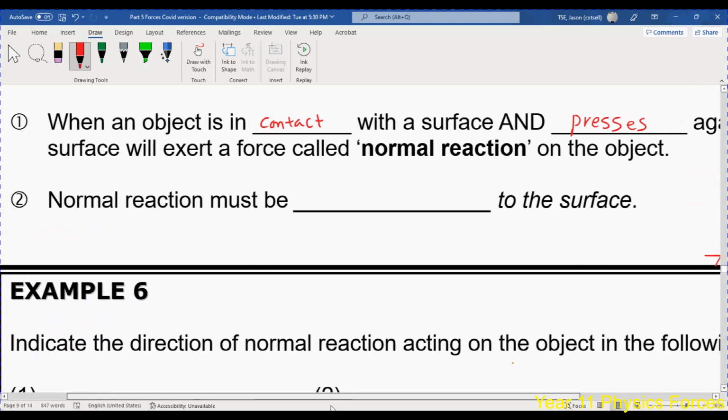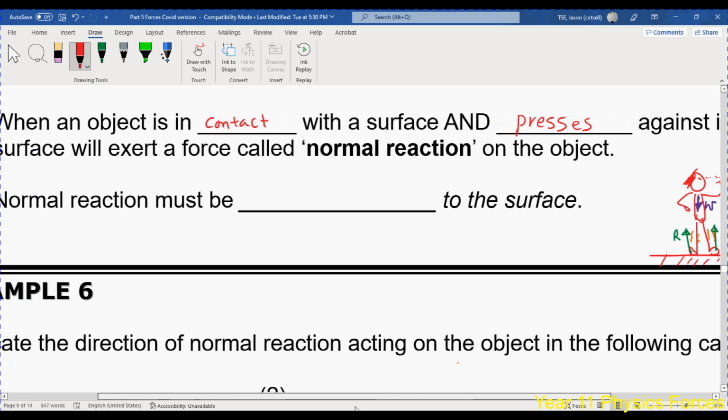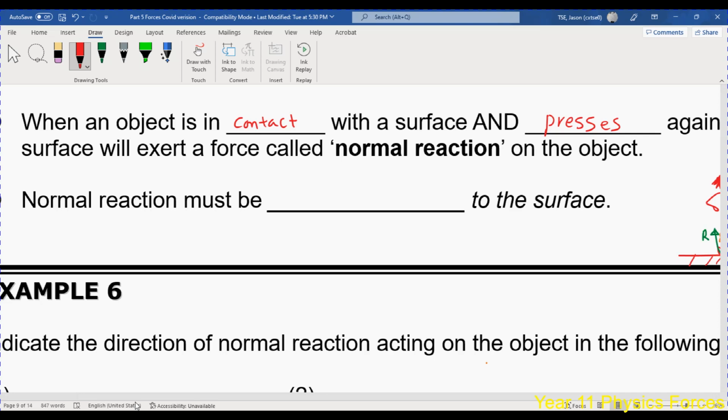So how can we get normal reaction? You need to be in contact, and you need to press against it. Do you think there's any normal reaction on your body right now? Of course, because you are in contact with the ground and with your chair, right?